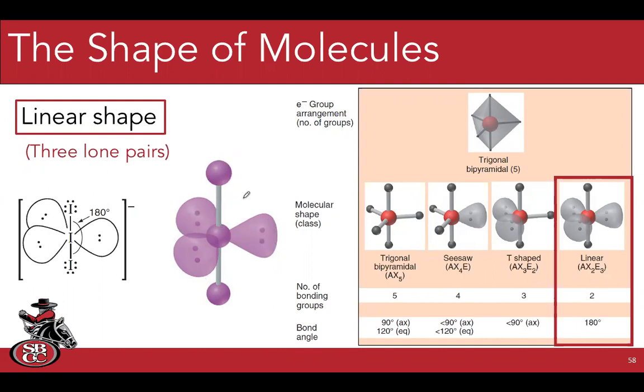And so as a result, we get back to a linear shape, and these repel both of the atoms exactly the same, and they all repel exactly the same. And as a result, we kind of go from these non-ideal angles back to ideal. So with the trigonal bipyramidal electron configuration, with 2 bonding groups, we get to a linear shape, and that has the ideal 180 degree angle. So that's an important thing to note, 180 degrees there.